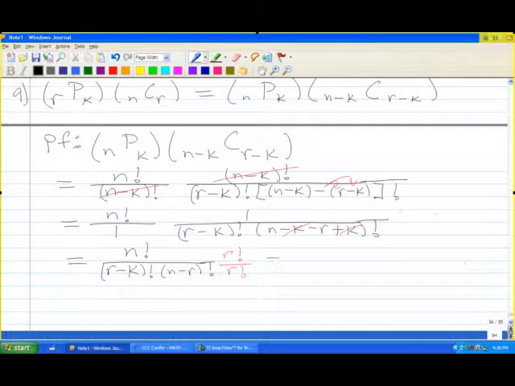So this is equal to r factorial times n factorial over (n minus k) factorial, and I have here an r factorial times (n minus r) factorial.